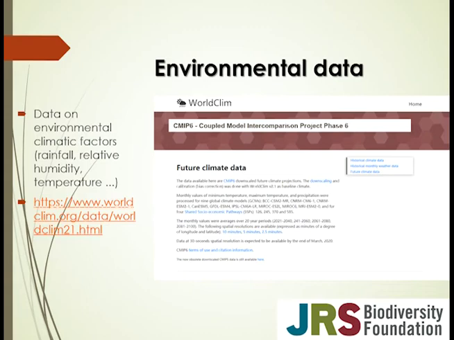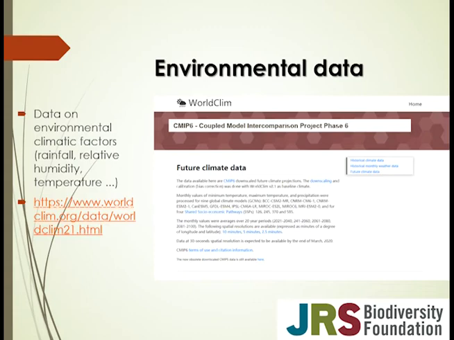The shared socioeconomic pathway 3 roughly corresponds to RCP 7.0, and the shared socioeconomic pathway 5 roughly corresponds to RCP 8.5. You will also have to compare those scenarios, either the shared socioeconomic pathways and also the RCPs. You need to understand this.